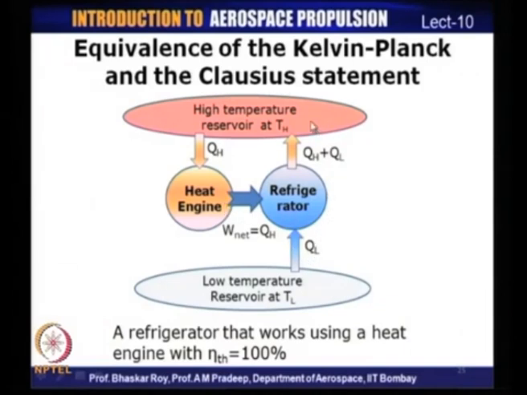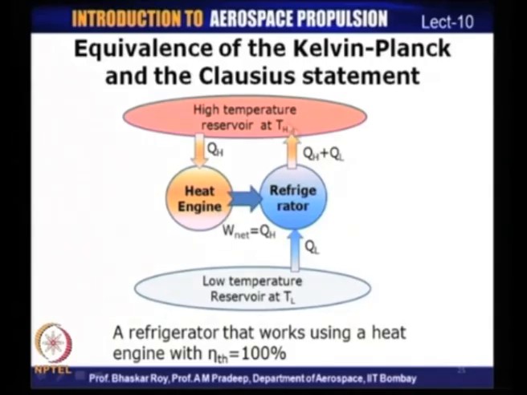So, at the first moment if you look at it, it does not look like the refrigerator violates any law, because you have that work input to the refrigerator and it is transferring heat from low temperature to a high temperature, which is perfectly fine. But the refrigerator is actually getting work input from a heat engine which has 100% efficiency.